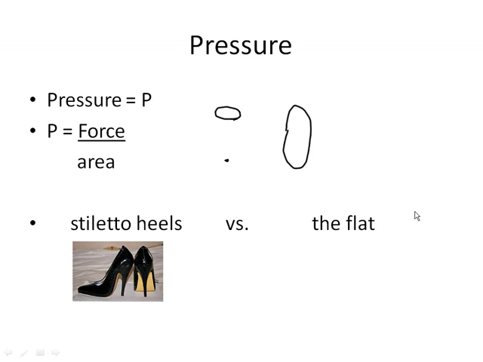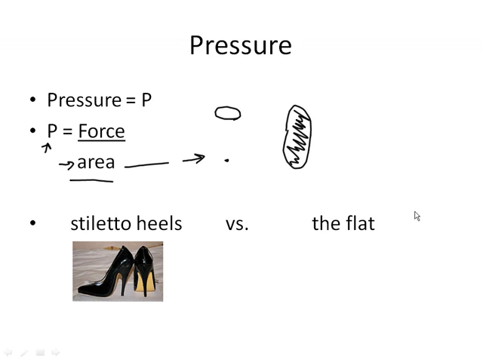So in the stiletto example, very small area means that the pressure that you feel, if this is a really small number, then this has to be a pretty large number. So the pressure on your foot is quite large. Versus for a flat, you have lots of area here. And so the area in this term is a bigger number, which makes pressure, relatively speaking, smaller.